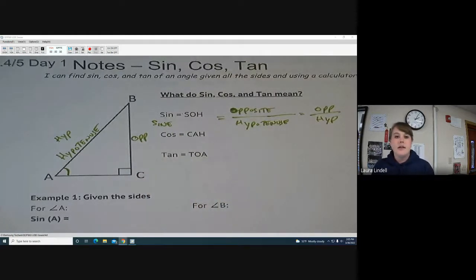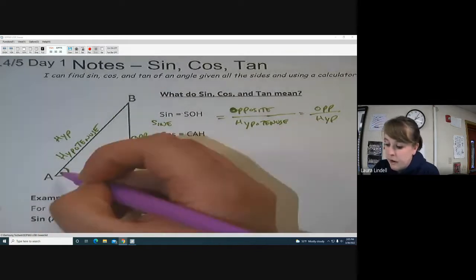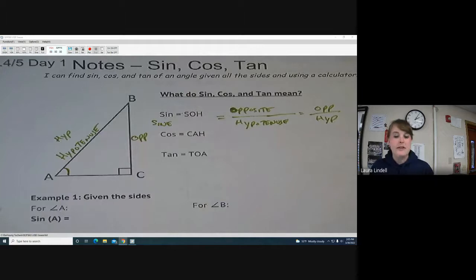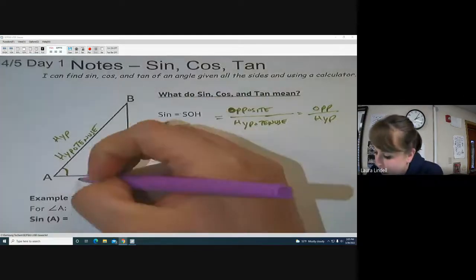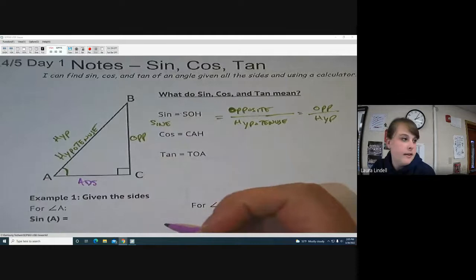All right. So then cosine. The other side that we haven't talked about yet, this one, AC right here, if we relate it from angle A's perspective, this would be what we call the adjacent side. So it's the side that's next to angle A, but is not the hypotenuse. So this would be adjacent, and we just abbreviate that ADJ.